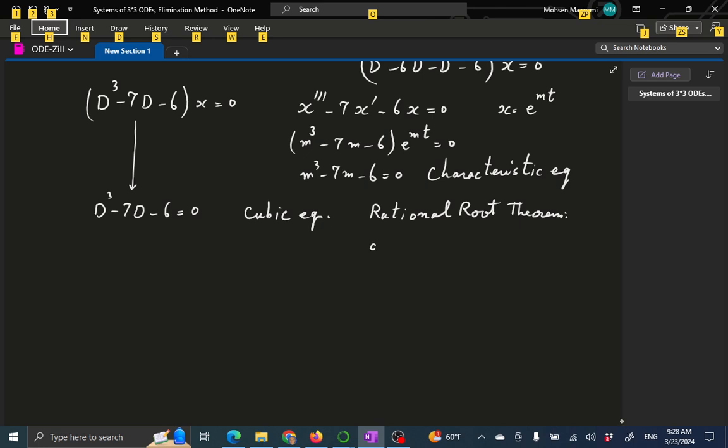It says if you have an equation like ax cubed plus bx squared plus cx plus d equal to 0, back in college algebra, these are all numbers, a, b, c, d, and x is also a number. We are trying to find out what x happens to be. And we are assuming that a, b, c, d are integers.